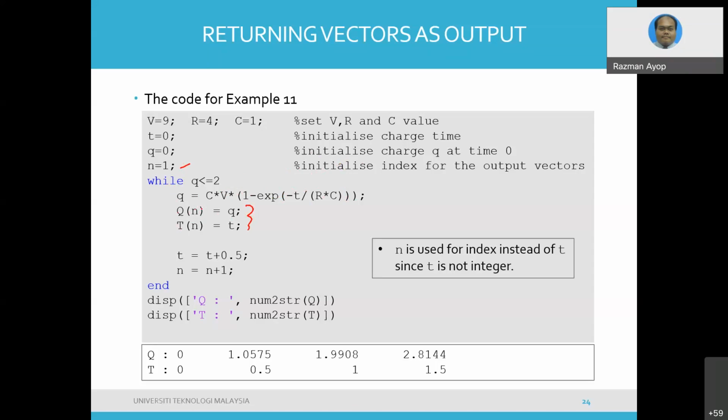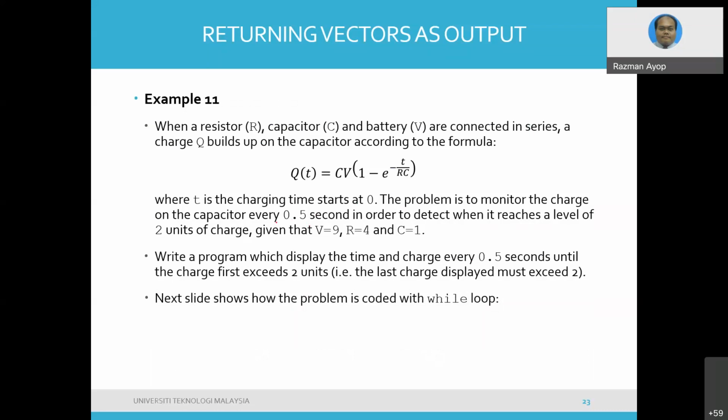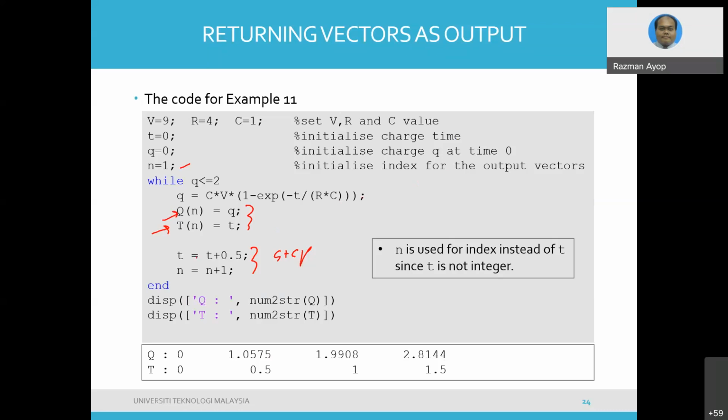So you store it inside the capital Q and capital T. And then for the time, you can see in your previous example the time is increased 0.5 second each. So you have to put T is equal to T plus 0.5. So this is how you do the step in the while loop.